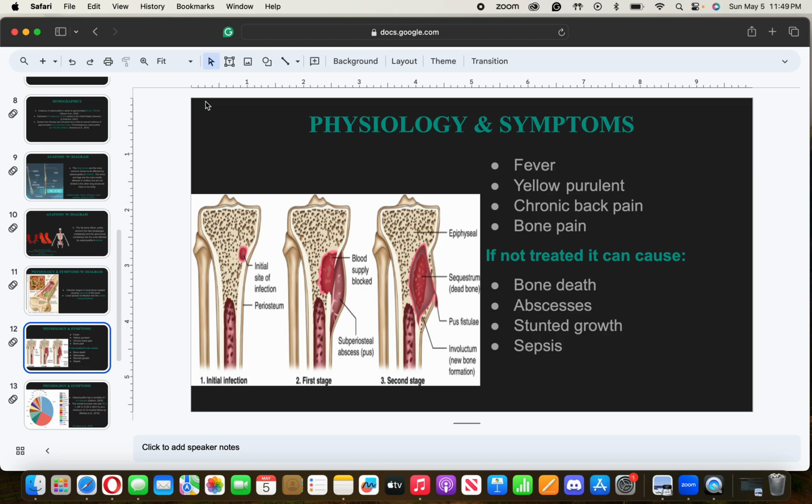And if it goes untreated, it can cause bone death, a surplus of abscesses, stunted growth, and even sepsis, which can then ultimately result in death. And this is an image illustrating just how it occurs in its infancy stage to a more developed stage.